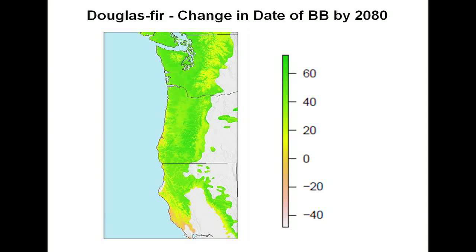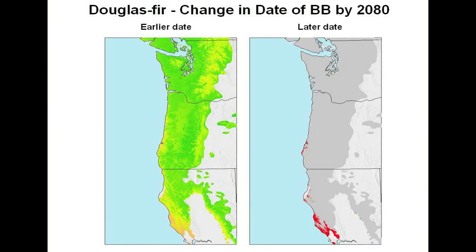But you can see that the model does predict some areas that have negative values, but because of the color ramp, you can't see them too easily. So I'm showing them on the other side of the screen. The red points are the ones that actually are showing later budburst in 2080 as opposed to earlier budburst.